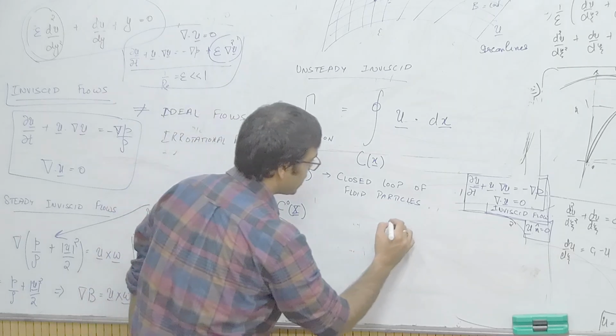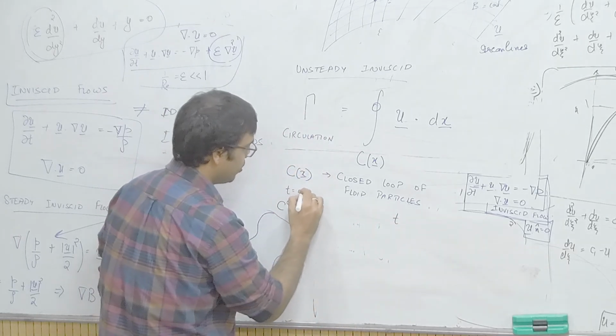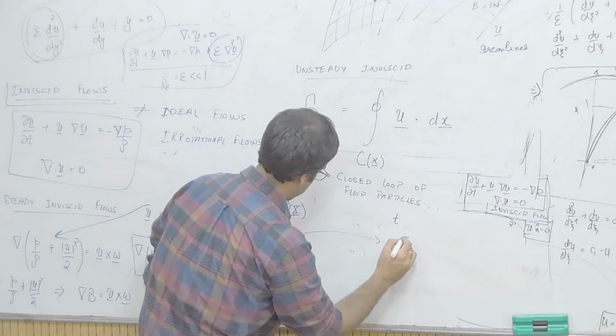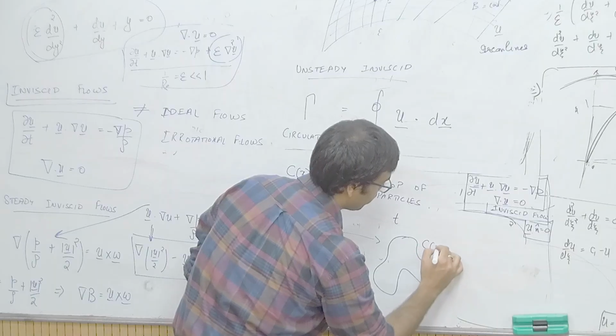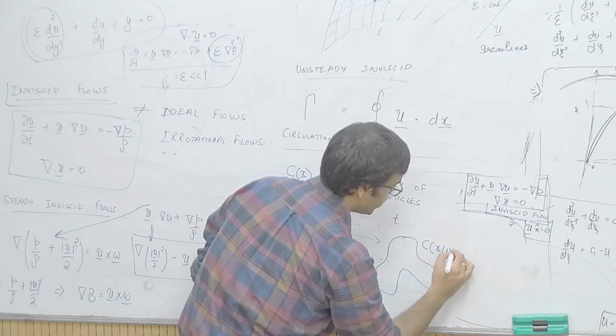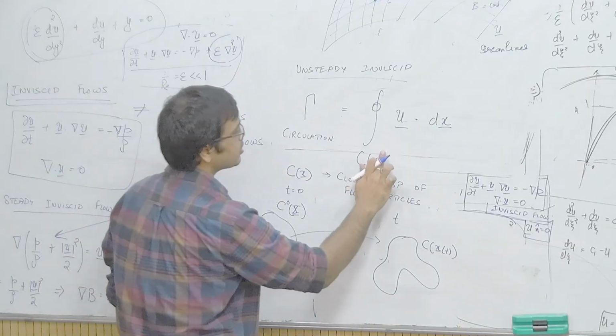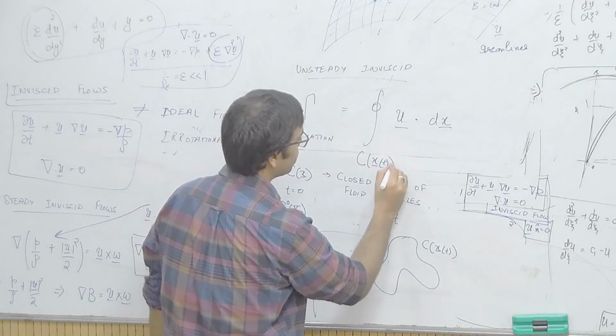At some time t, this loop becomes this C of x, where this x is a function of t.